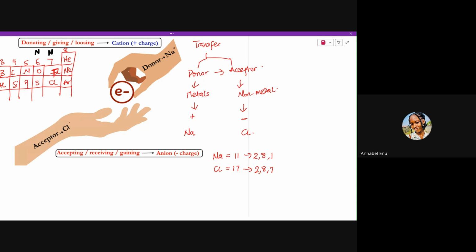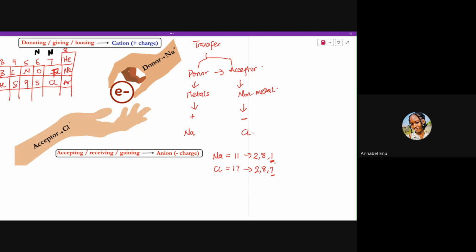And to be stable would mean that your outermost shell, which is usually the last shell, the one that is carrying the last electron, like this one in this case now is 1, and this case now it's 7. Your outermost shell, the last number you can see, should be completely filled.